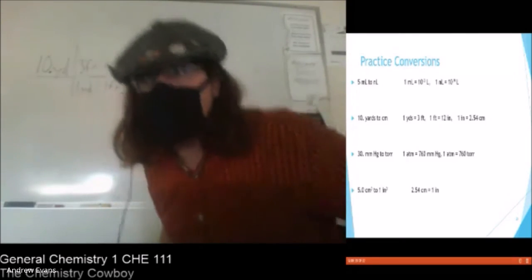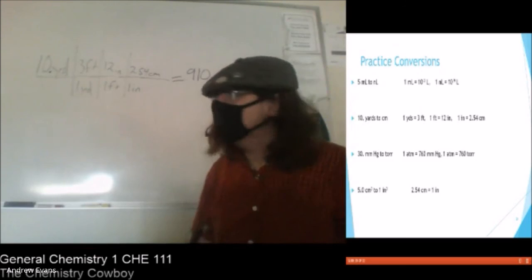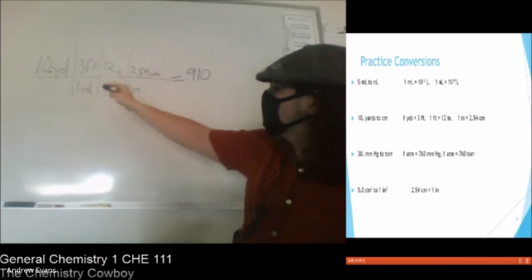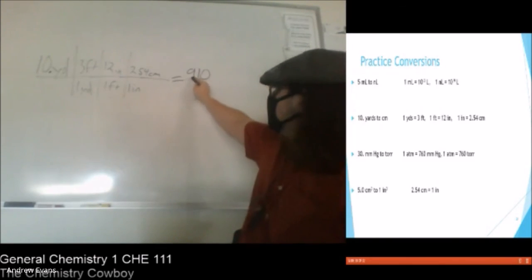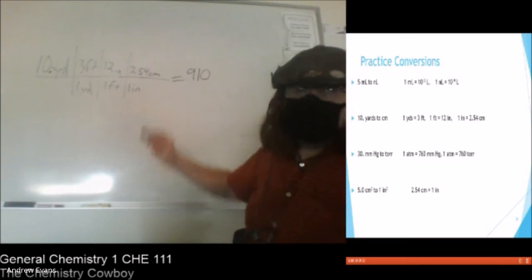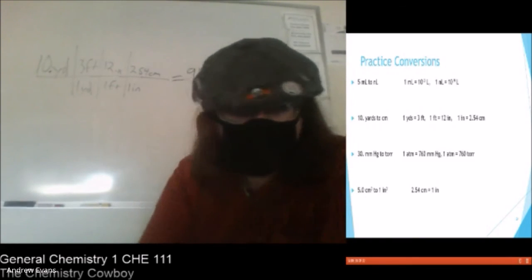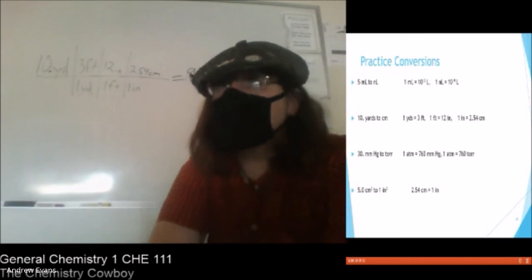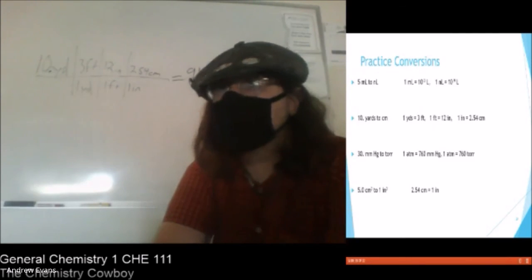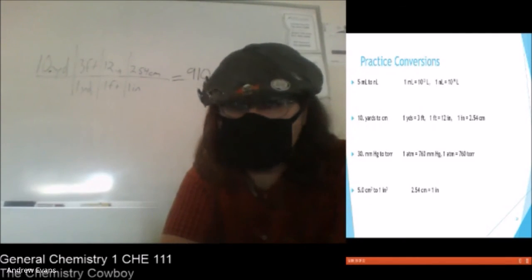But that is a very good point. Because there's 2 sig figs in our starting unit, there should technically be only 2 sig figs in our ending unit. But the calculator will tell you 914.4 because that's what all the math gives you.